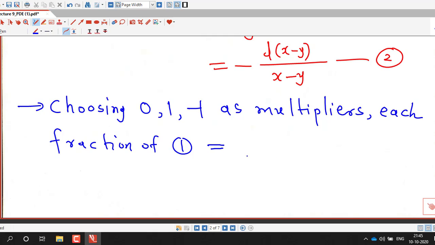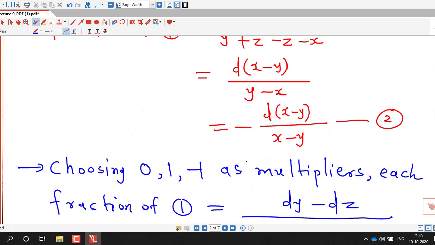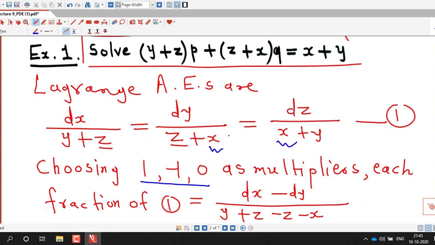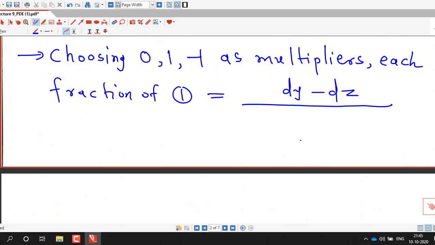so now we have dy minus dz, 1 into dy minus 1 into dz, and we have z plus x minus x plus y.